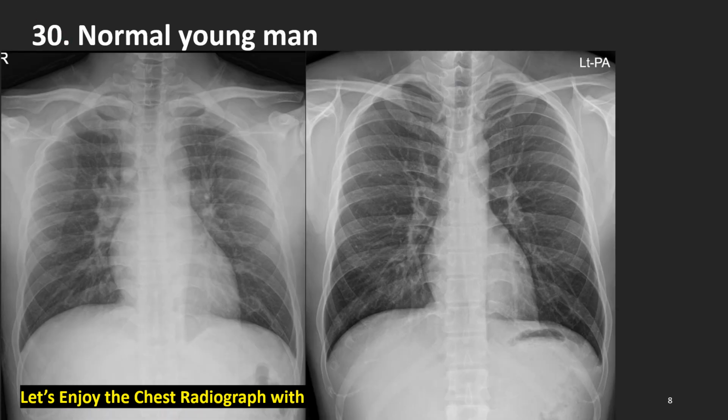Let's find out the real difference of AP supine film findings with PA erect view. These are the same patient with 1 day difference. Young, healthy man. Both images are beautiful, normal findings. What's the difference? First, the clavicle is upward, and the scapula is inward.